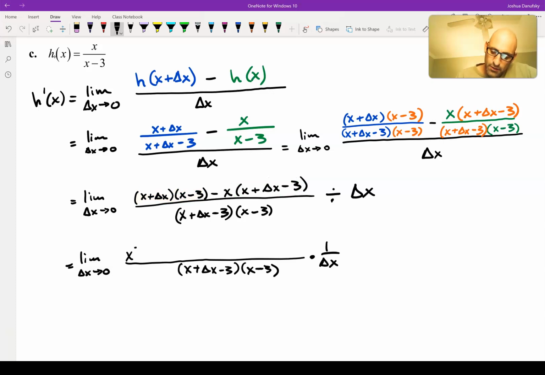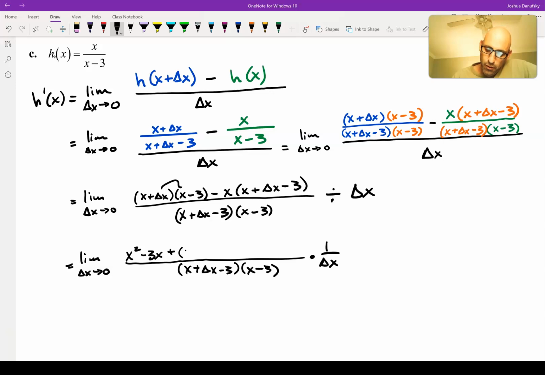I think we get x squared minus 3x, right? I'm multiplying here, multiplying there. And now it gets a little weird because we're going to multiply delta x times x. Okay, do not turn it into delta x squared. Delta x is something different from x. Okay, remember, delta x is its own little variable. So let's go ahead and just first notice that a positive times a positive is a positive.